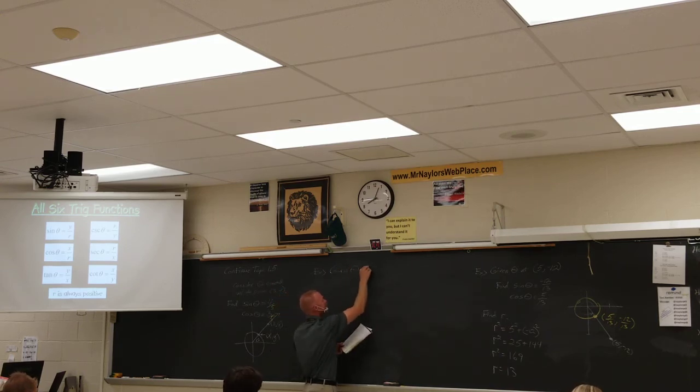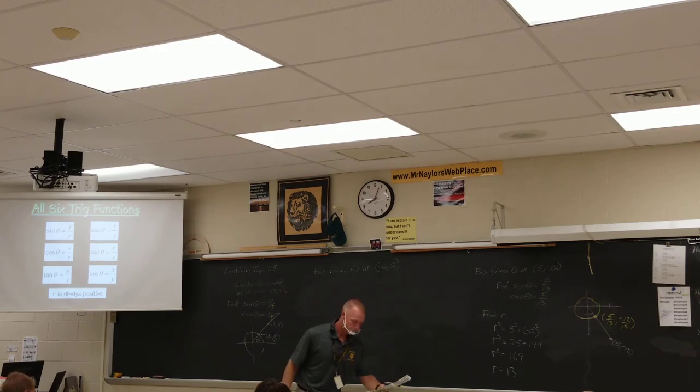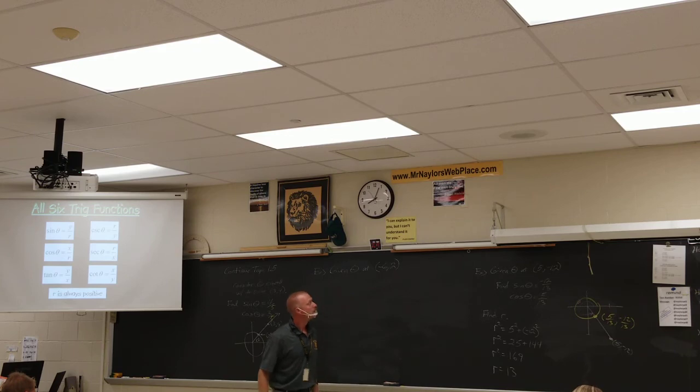Here's the theta at a point. It's not the exact same thing that we just did over here because you want to find all 6 trig functions. You want to find the sine of theta, cosine of theta, tangent of theta.